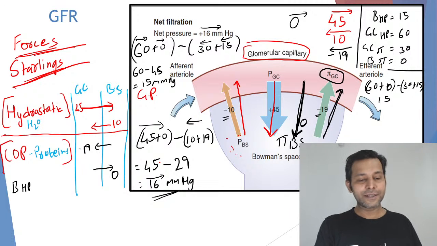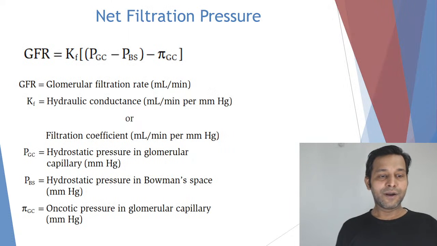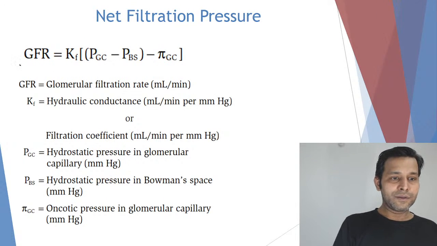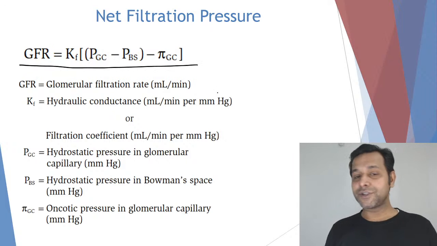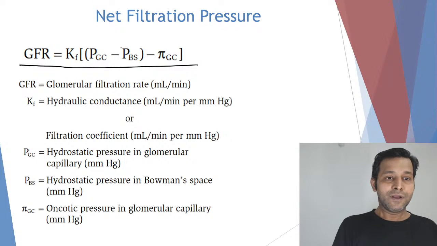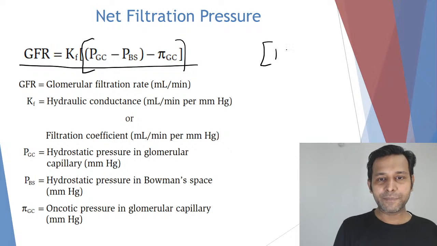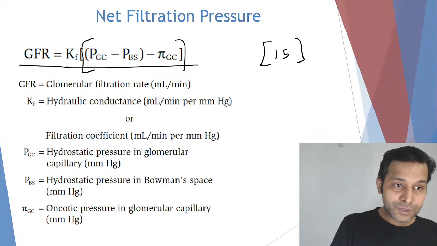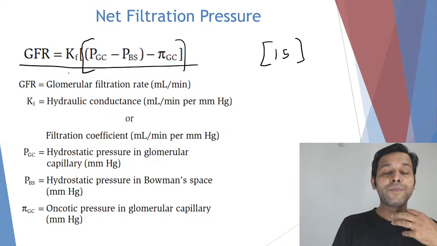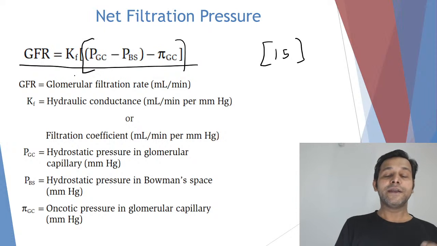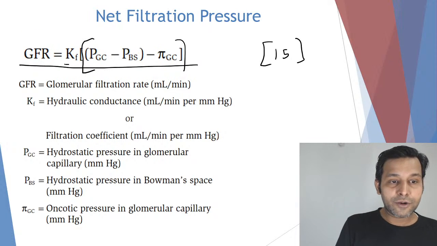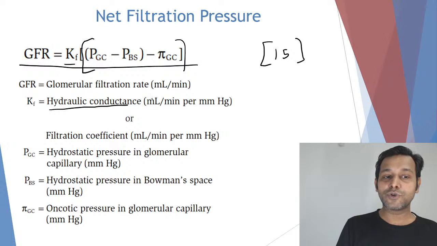Let us look at the next calculation for GFR, net filtration pressure and the filtration fraction. Once you have an idea of net filtration pressure, say we have got 15 mm of Hg. Now the amount of blood getting filtered, the amount of filtrate getting accumulated with 1 mm of Hg is called hydraulic conductance or filtration coefficient.